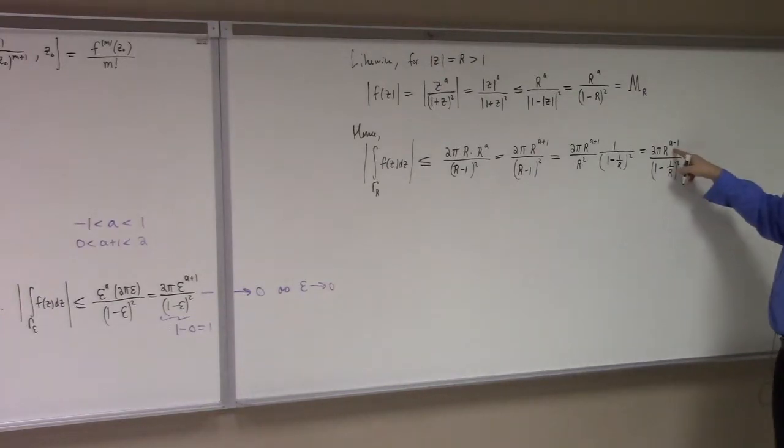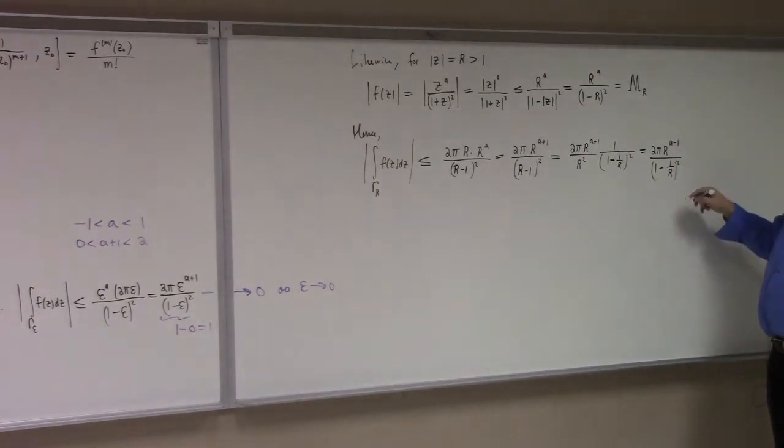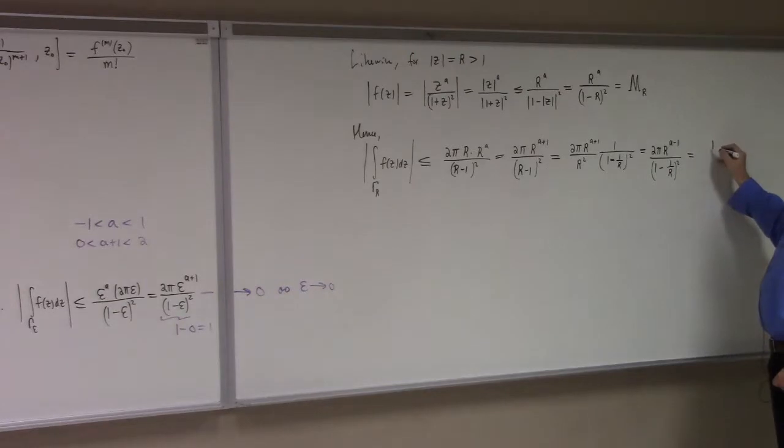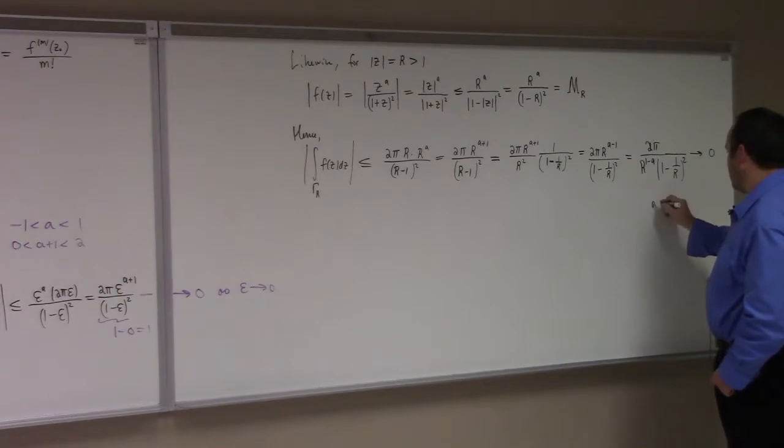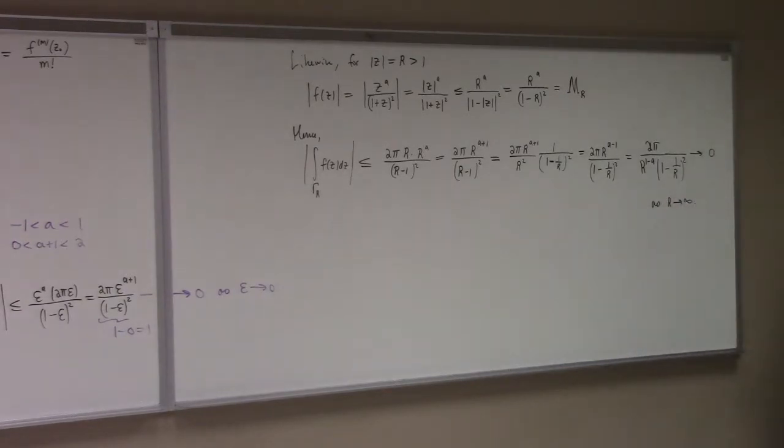So then that is r to a. I guess I can rewrite this one more step. This is 2 pi over r to the 1 minus a times 1 minus 1 over r. I don't know, whatever floats your boat here. Anyway, the point is this goes to 0 as r goes to infinity, right? Because 1 minus a is what?